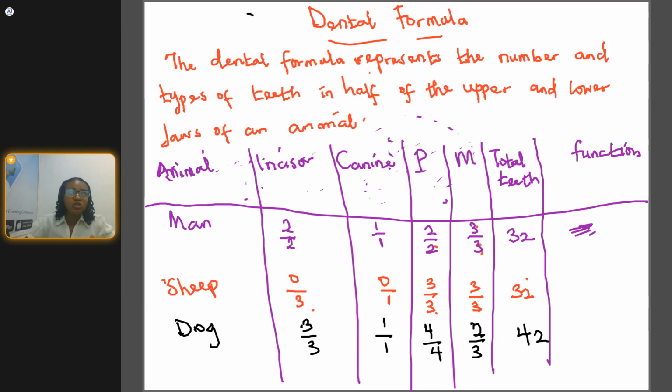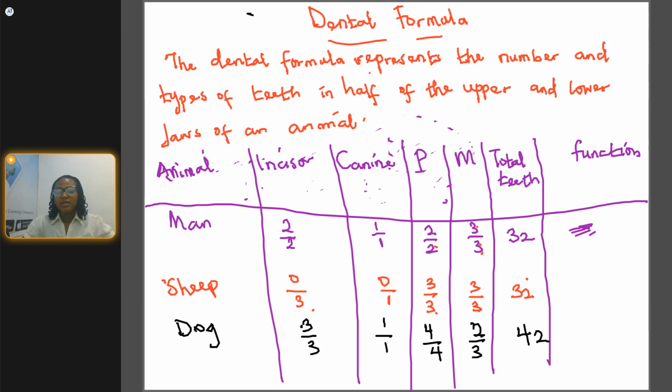And we looked into the different structure of those teeth in accordance to each mammal. All right, so we also moved to the dental formula, where we defined the dental formula as representing the number and types of teeth in half of the upper and lower jaws of an animal.